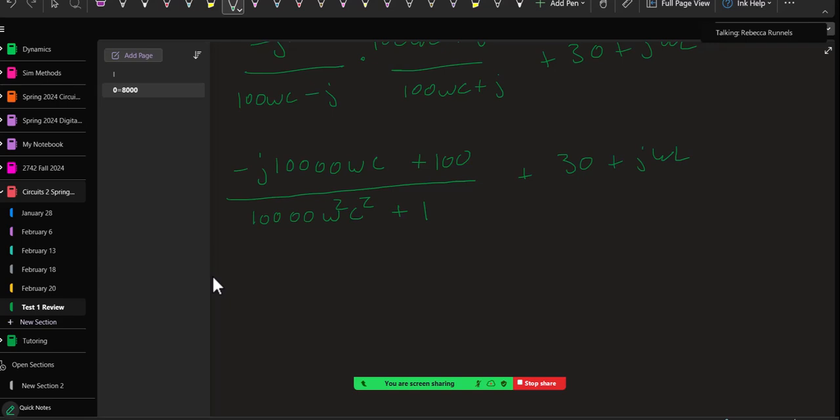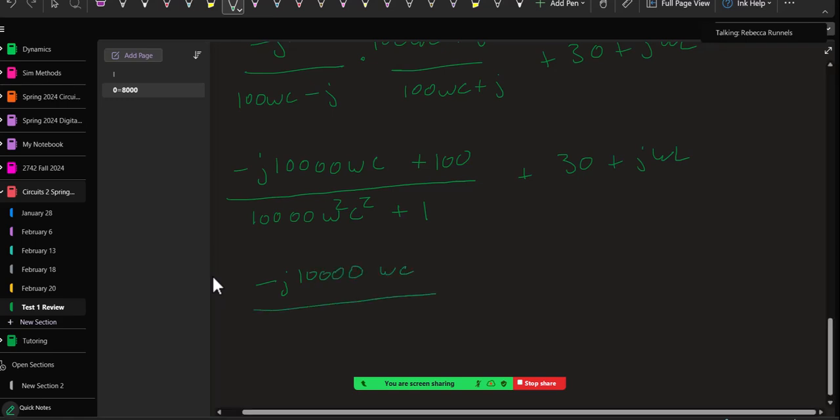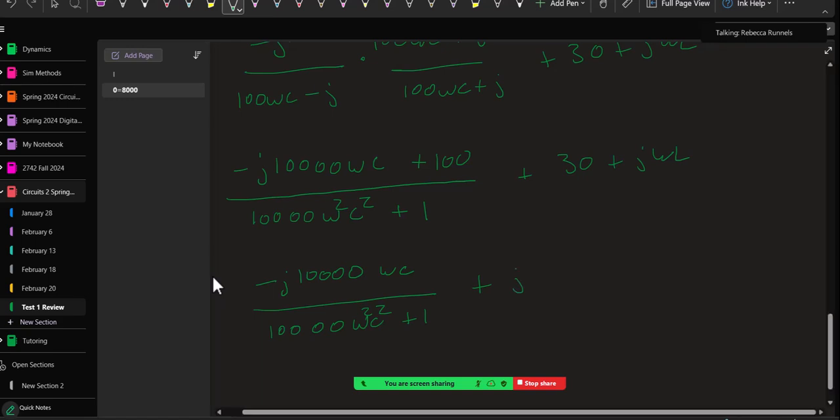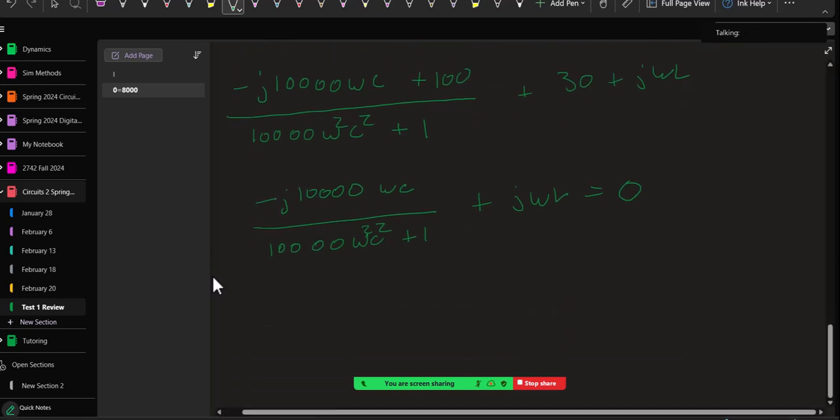So I need minus J 10,000 omega C over 10,000 omega squared C squared plus 1 plus J omega L to equal 0. And then at this point, I would plug in my values for C and L and solve for omega.